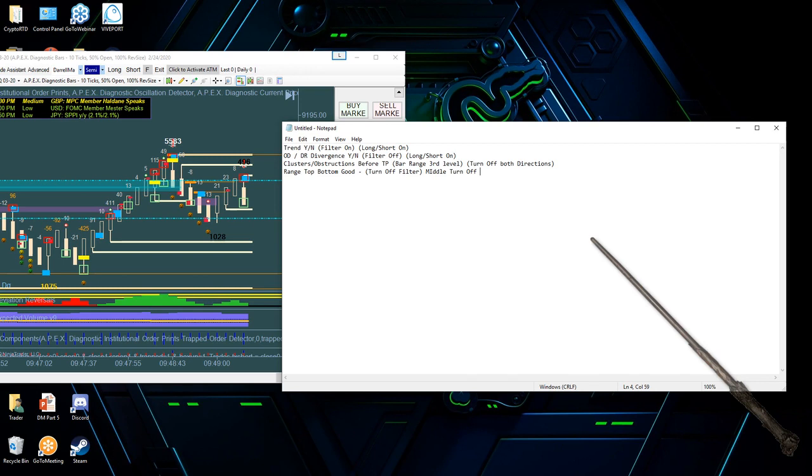If I'm in the middle of a range, I'm not just turning off the filter, I'm just turning long short off.